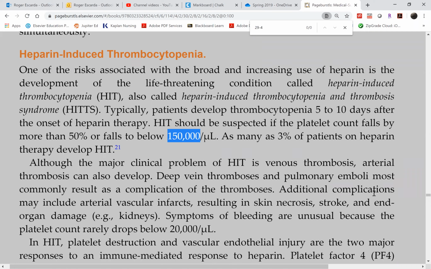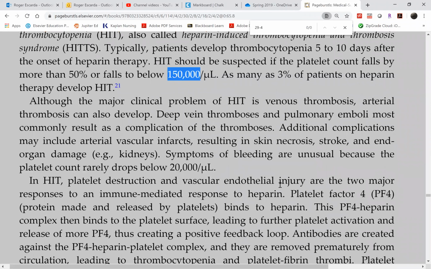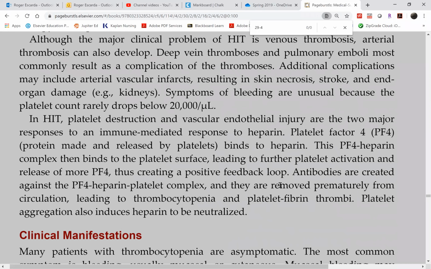So all we can do right now is monitor our patient's platelet count, because you can still save the patient. If you catch it early, then you simply stop giving heparin and use another anticoagulant instead. So under interventions, you'll see that they'll use argatroban, which is a thrombin inhibitor, but it's not like heparin.